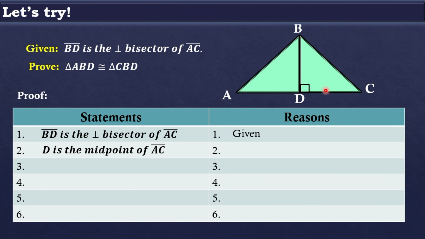So, if it divides this into two congruent segments, it means you have a midpoint, the very middle. That's why we have D is the midpoint of segment AC, and that is by definition of perpendicular bisector.